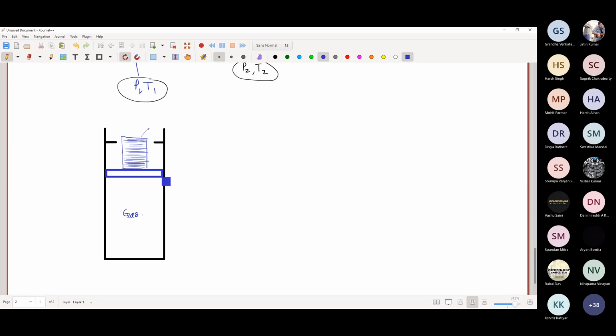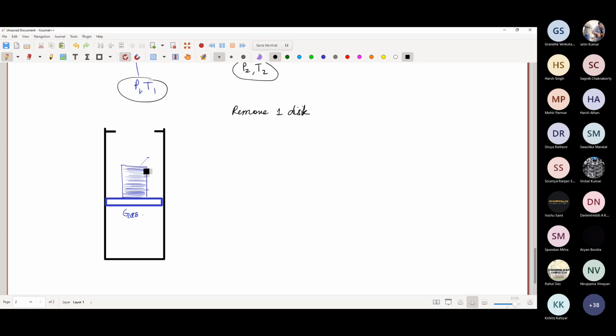So what's going on? Suppose I can shift everything a bit further down. Yeah, the stops are over here. Say this is the original system. Now what do I do? I remove one disk.